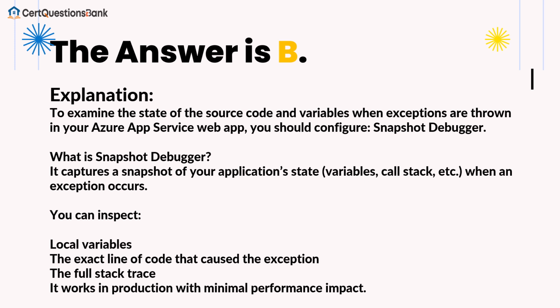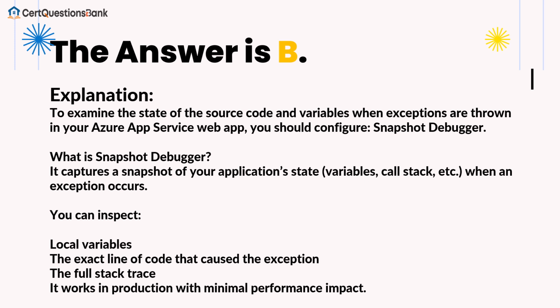The answer is B. To examine the state of the source code and variables when exceptions are thrown in your Azure App Service web app, you should configure Snapshot debugger. What is Snapshot debugger?